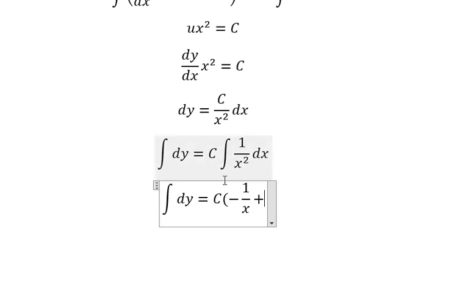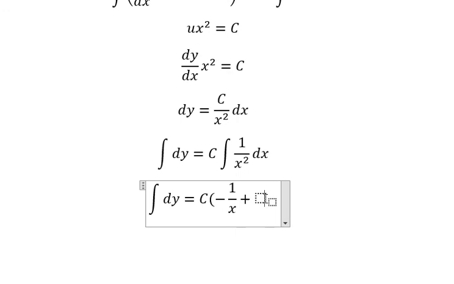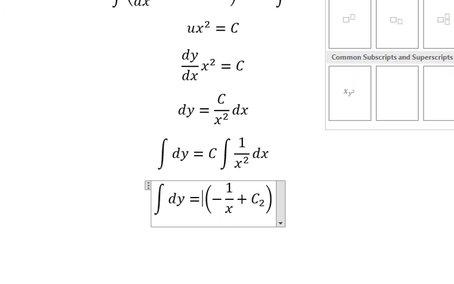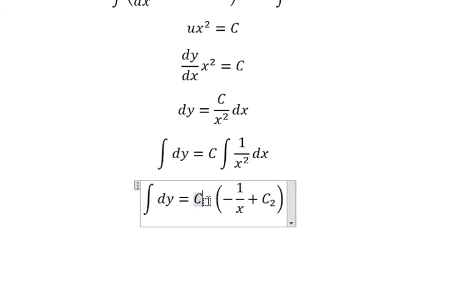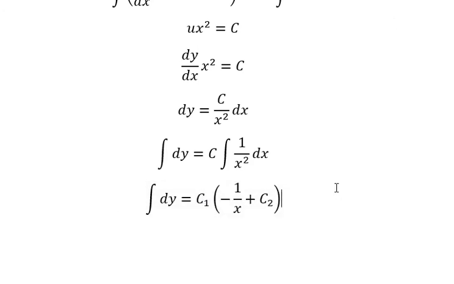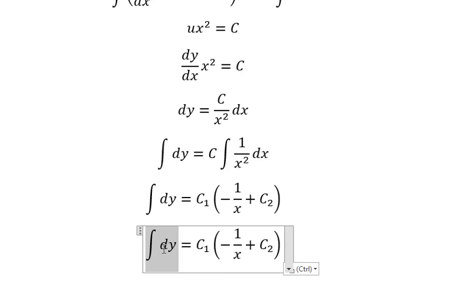And we have the constant number 2, so I will put c number 2 in here. This one is c number 1. The integration of this dy, you get y.